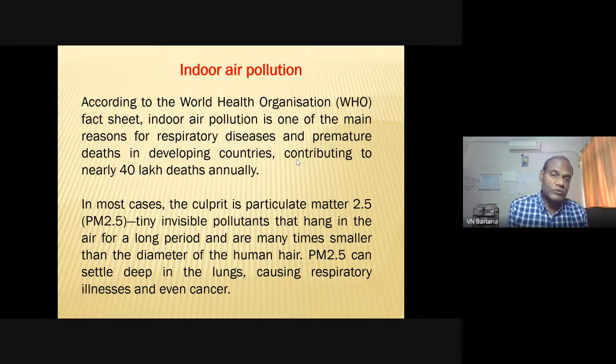We may use active systems which are consuming the conventional form of energy, that is electricity, or we may go for green energy, renewable energy also.